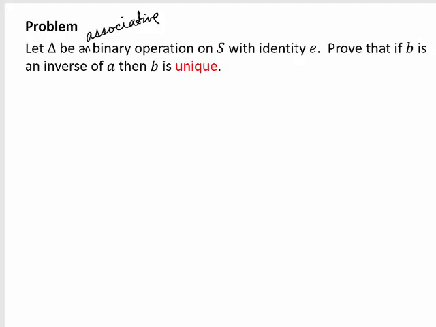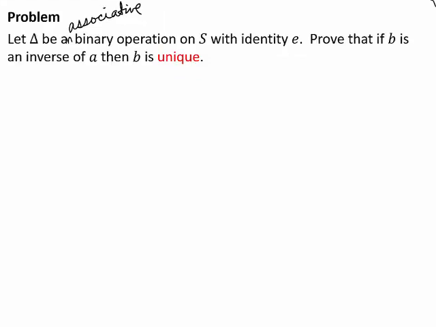So we will prove that if delta is an associative binary operation, that the inverse is unique. So the first thing we have to do, according to the tip that I gave you on the last couple slides, to prove uniqueness, we have to suppose that there is some element that has more than one.